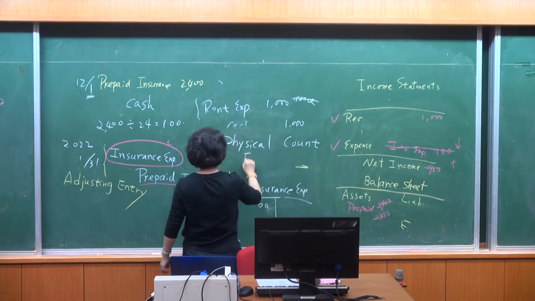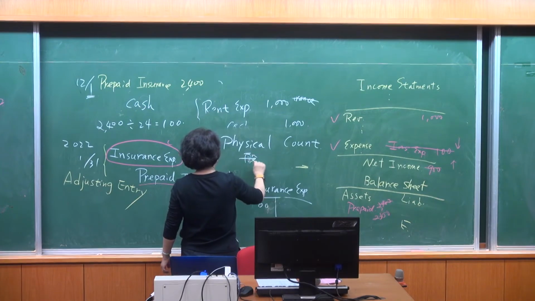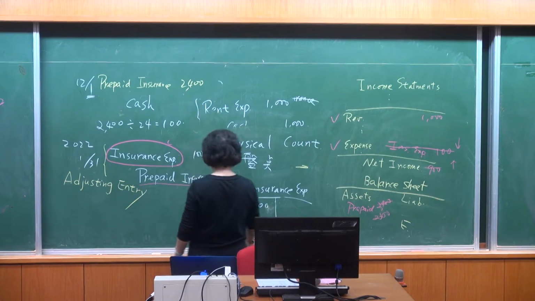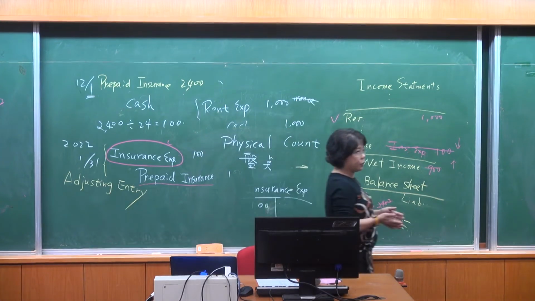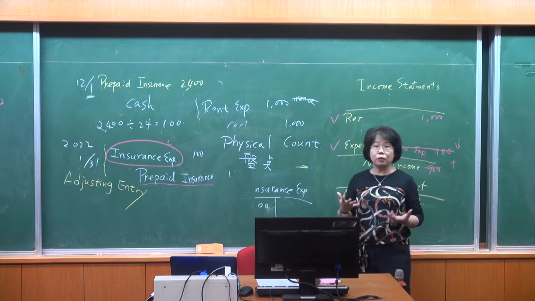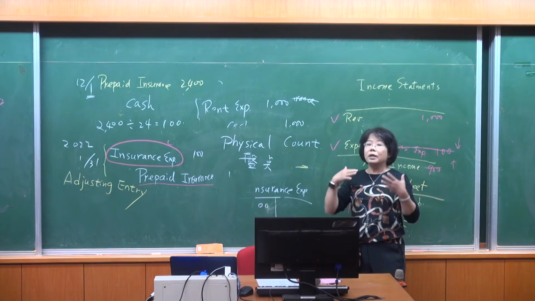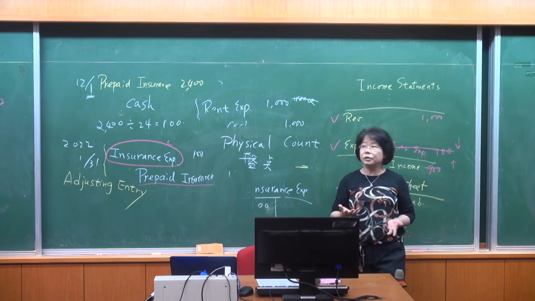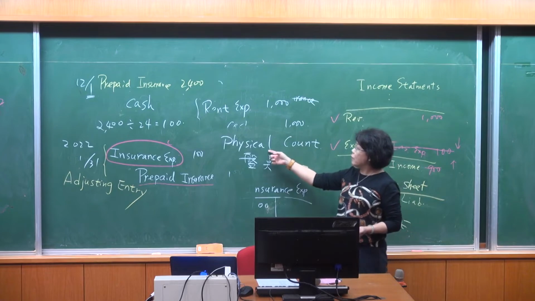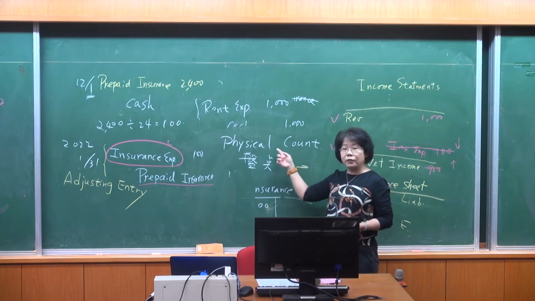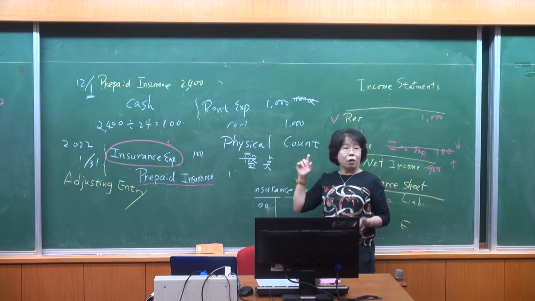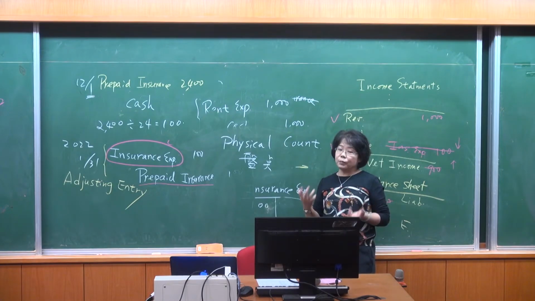这个是单字，你可以学一下。盘点，你要盘，不管是 inventory 存货或者很多东西，normally after a period of time. People like to know what's the real value, what's the real number of some certain items. So we do that physical count. So normally physical count will happen, of course, again at the end of the period.